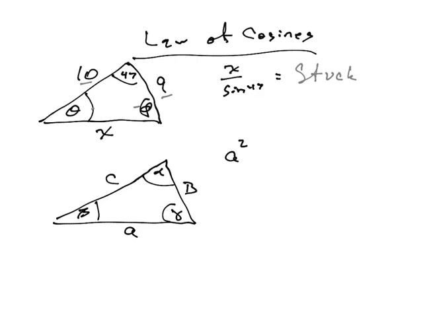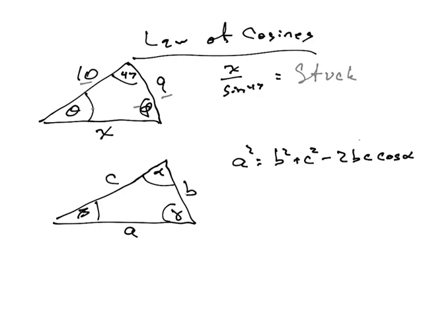A squared is equal to b squared plus c squared minus 2bc cosine alpha.